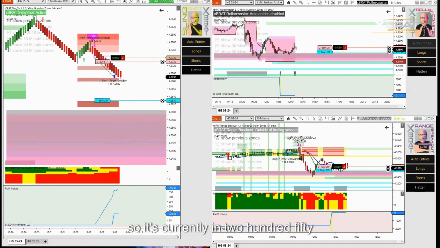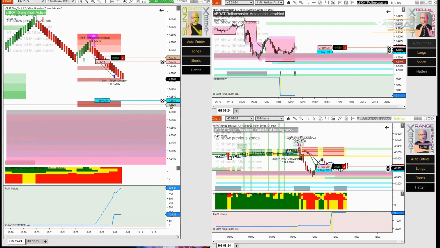So it's currently in $250 profit. Oil's in $40 profit, but that's only one contract. $275 profit there. We've already taken profit on the HG of $125.